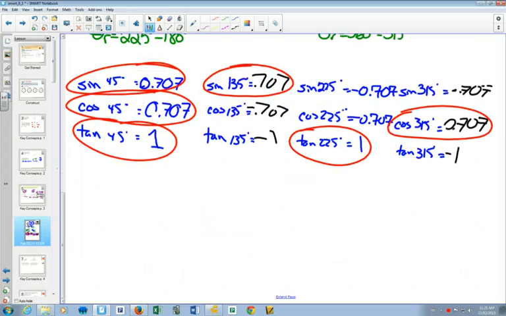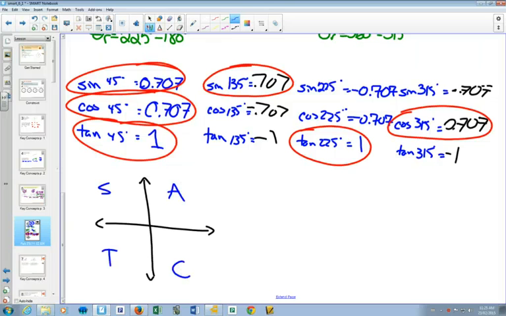And this may remind you of another thing that you've learned in grade 11, which is sometimes called the cast rule. And what the cast rule is just telling us is where things are positive and where things are negative.